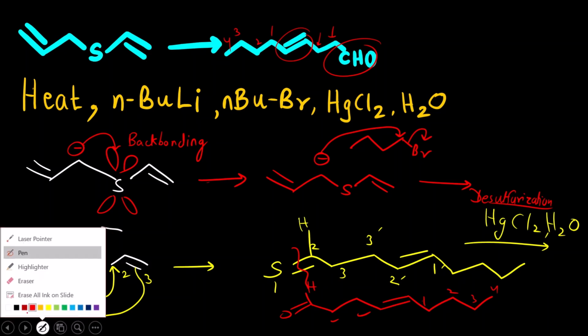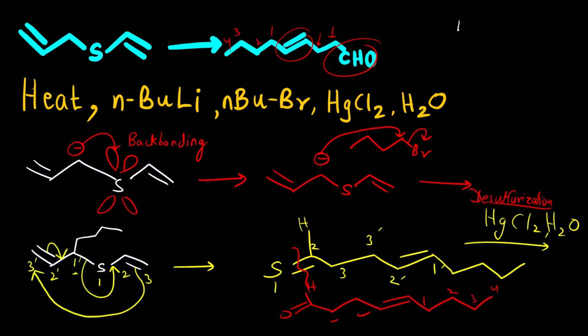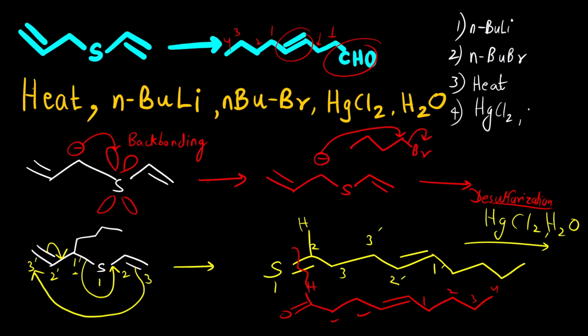So what is the correct sequence of reagents? First we reacted with butyl lithium, then we add N-butyl bromide. Then the 3,3 sigmatropic shift takes place in the presence of heat, and the last step is hydrolysis of the carbon sulfur double bond to form the aldehyde.